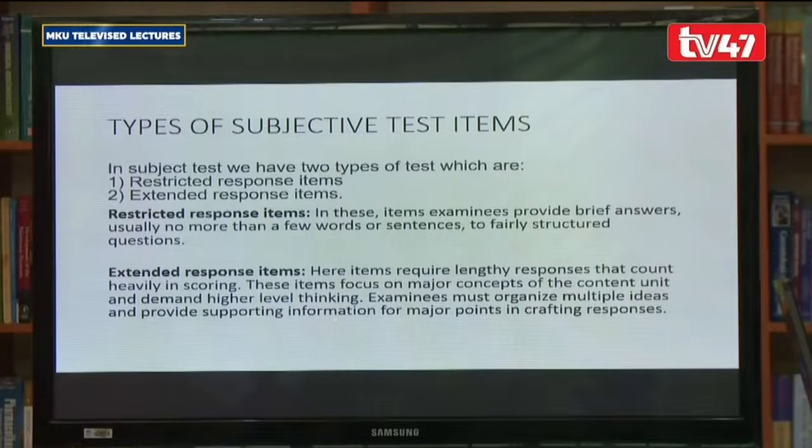In subjective tests, there are two main types. The first type is what we call the restricted response items. And the second type is what we call the extended response items. Now let's start with the first one, the restricted response items.